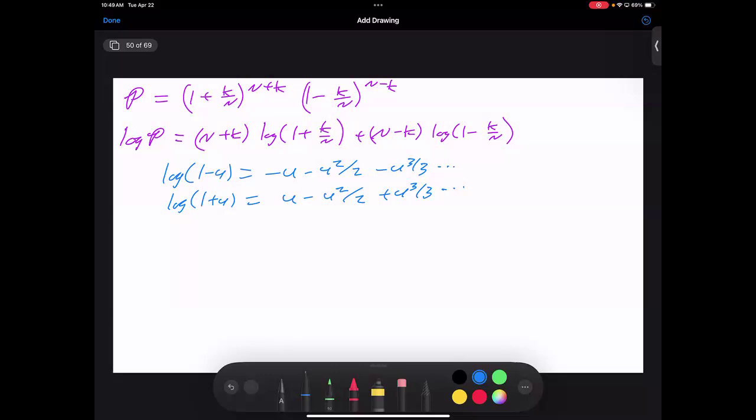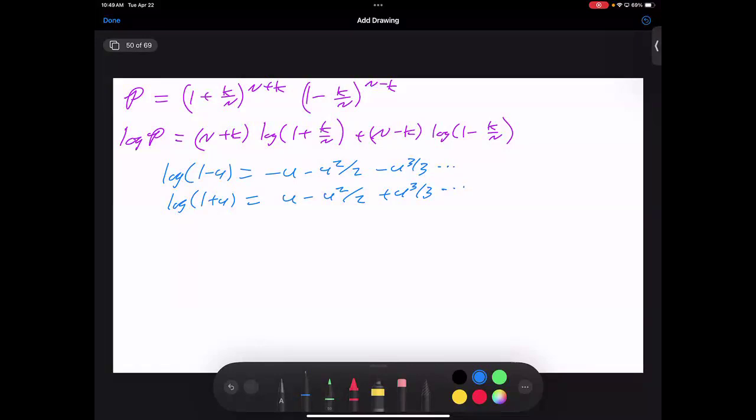What's the log of 1? 0. The log of 1 minus u, if u is a small positive number, should the log of 1 minus u be positive or negative? It should be negative. And so you see that the top does make sense.